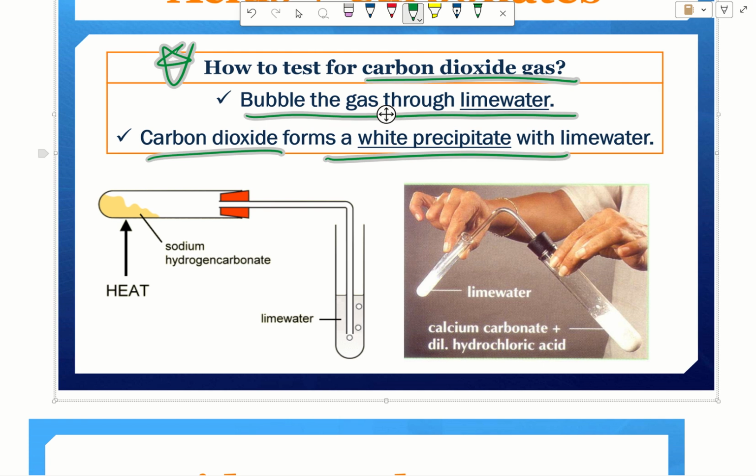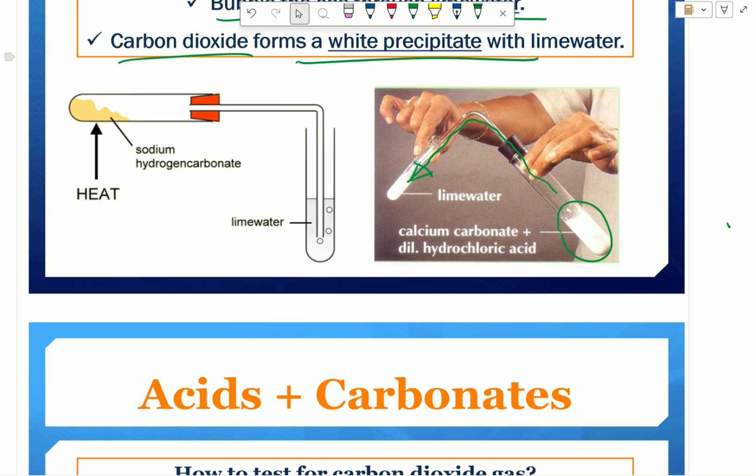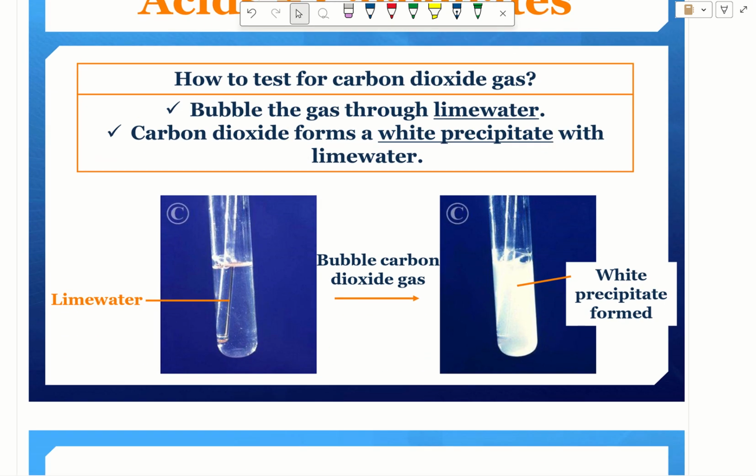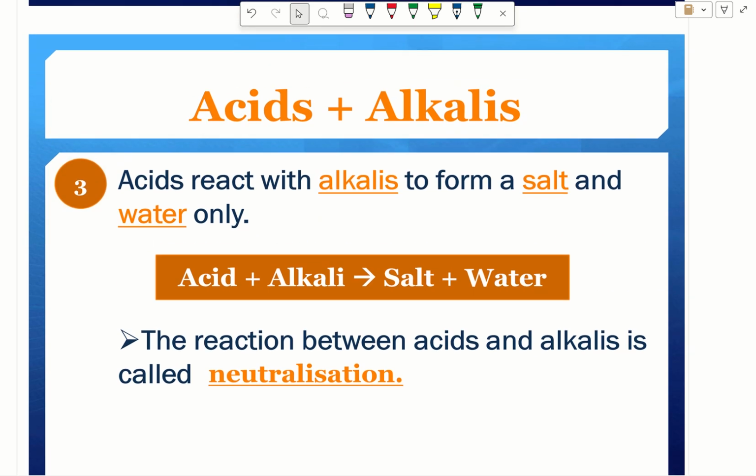We do not pour this content in. We just let the carbon dioxide move and it will form a white precipitate with the lime water. Again, this is important. You need to memorize.